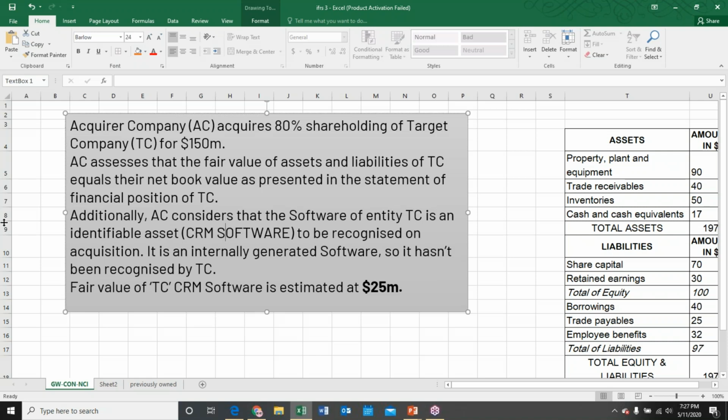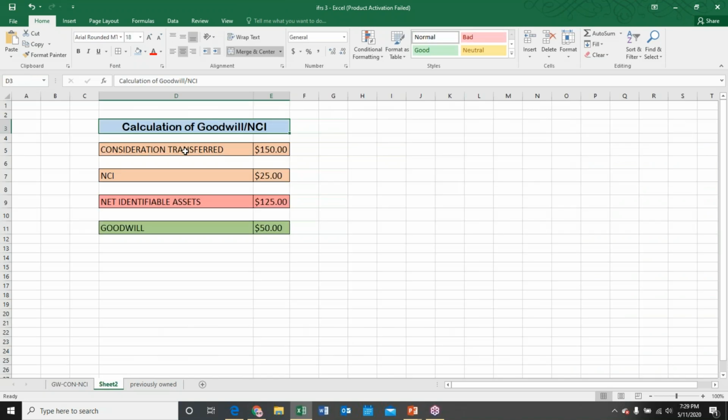I have equity and liability. Equity has share capital and retained earnings. Liabilities I have certain items under the TC's balance sheet. Now my transaction. This is my goodwill calculation. I provide 150 million, and now the NCI calculation.